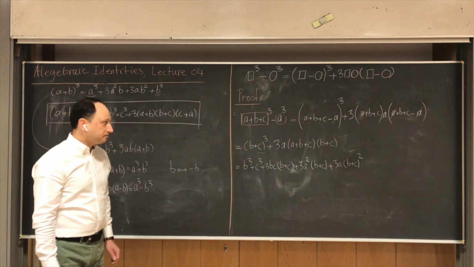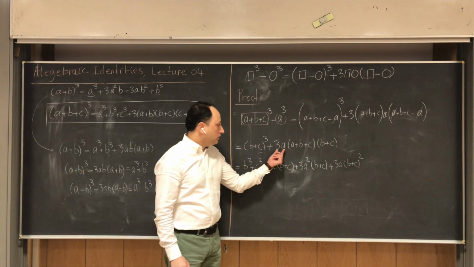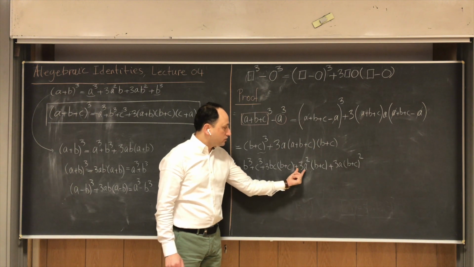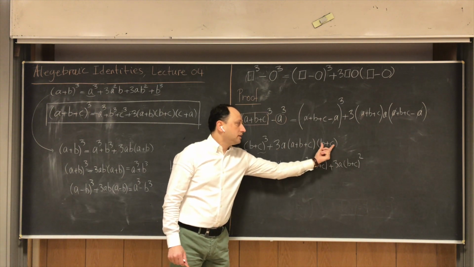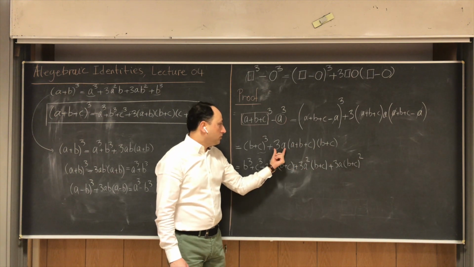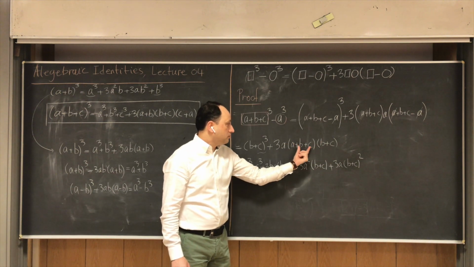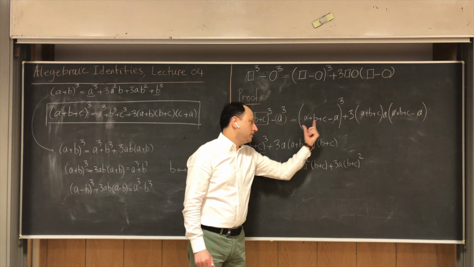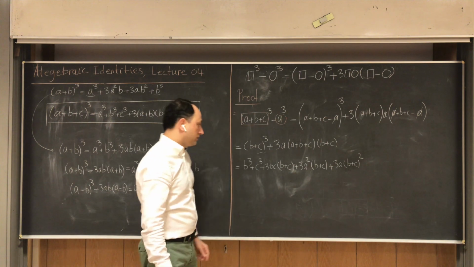So I multiplied this 3a inside, it becomes 3a squared, and then I multiply this one from the right again, so this becomes this combination. And then I multiply 3a by this (b plus c), it becomes 3a(b plus c), but another (b plus c) will come in, so it becomes (b plus c) to the 2.